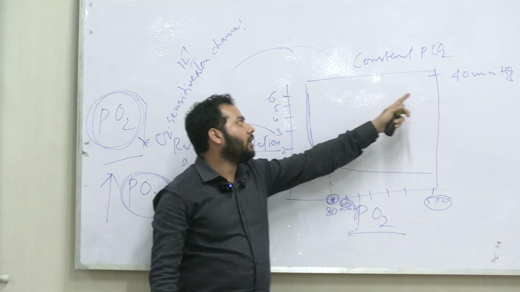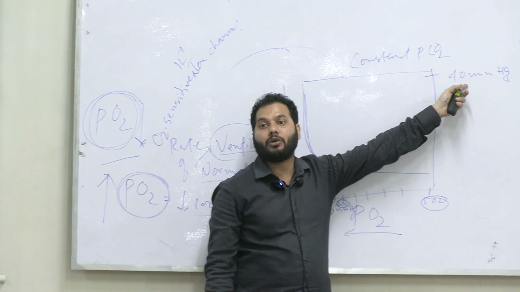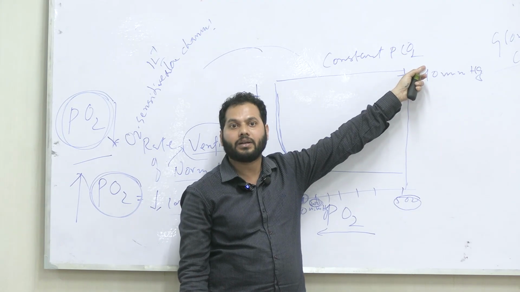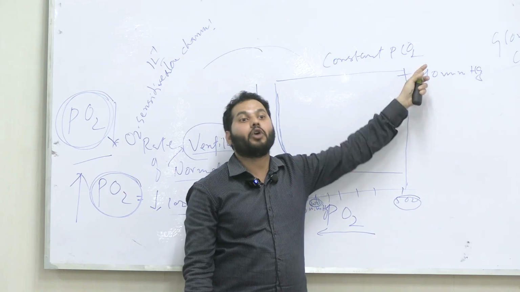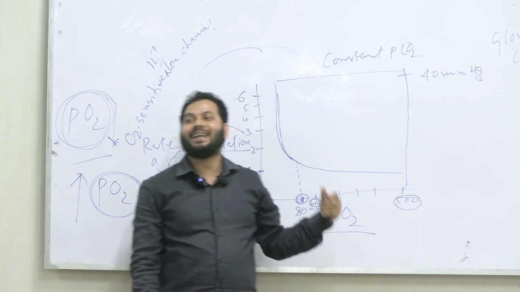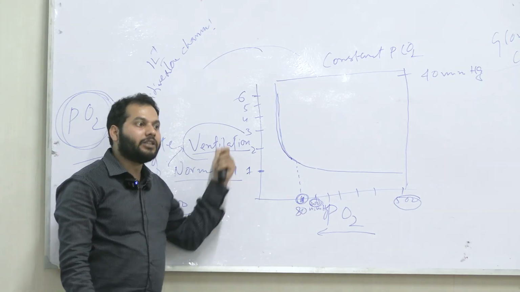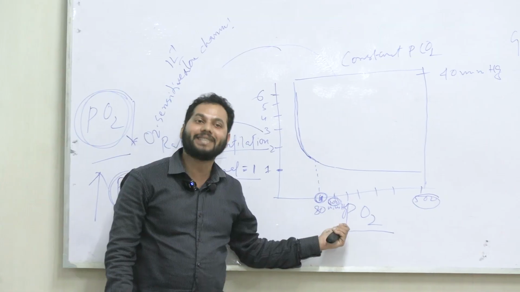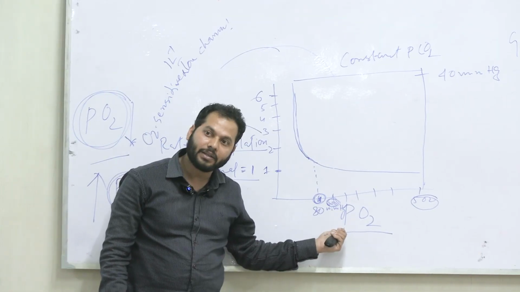Here, the partial pressure of carbon dioxide is constant, that is 40 only, right? Now we are going to see whether there is any change in the ventilation rate with the changes of partial pressure of oxygen or not, right?